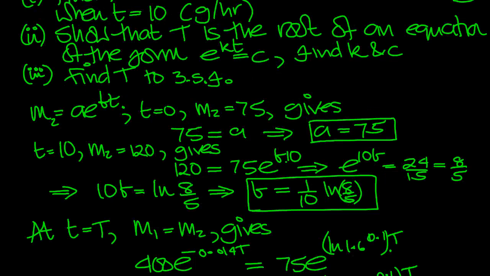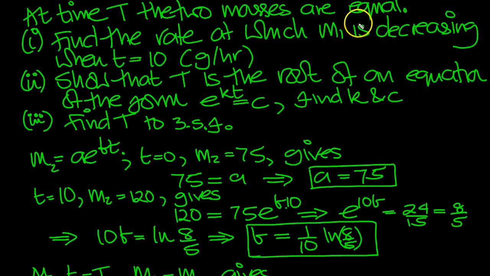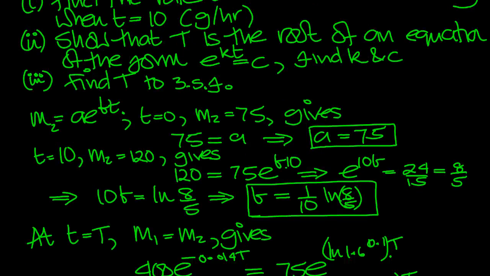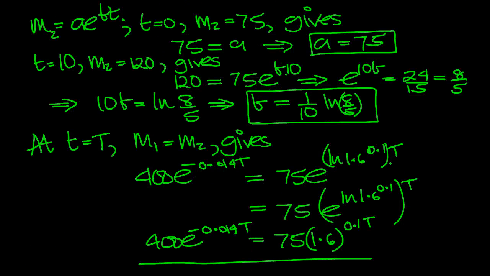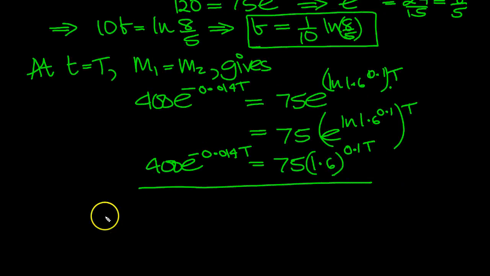Right, now let's go back to the problem then. Find the rate at which m1 is decreasing when t is 10. So m1 was equal to this here in general, wasn't it, at time t.